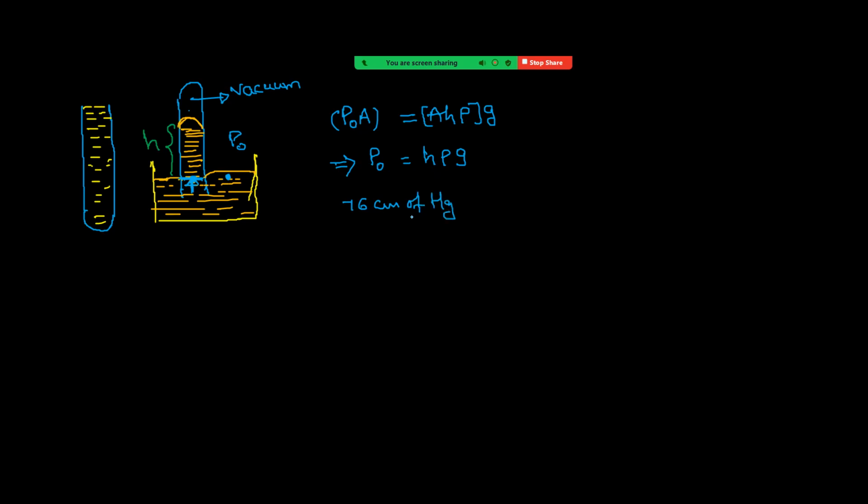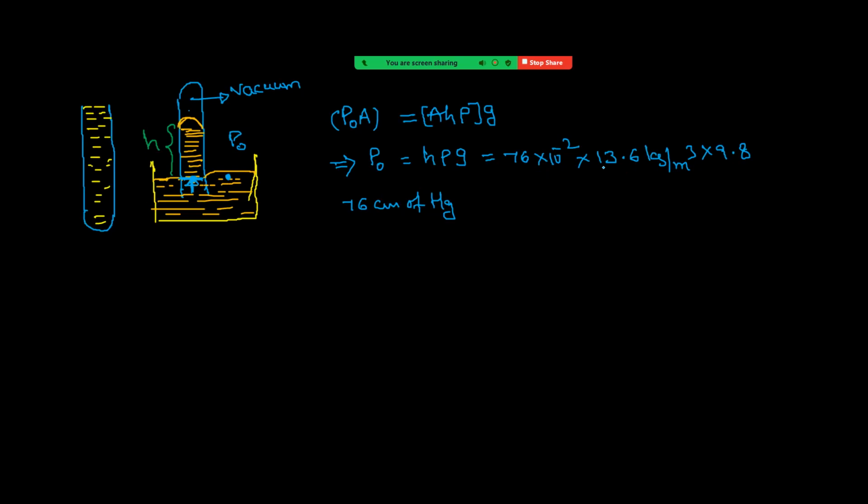We have to substitute here 76 into 10 power minus 2. Rho value, density of mercury, 13.6 into 10 cube kg per metre cube, into g value, it is 9.8. So making the calculation, we are going to get approximately 10 power 5 Newton per meter square.